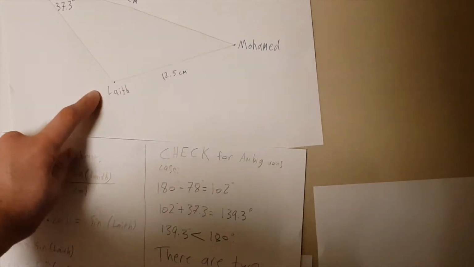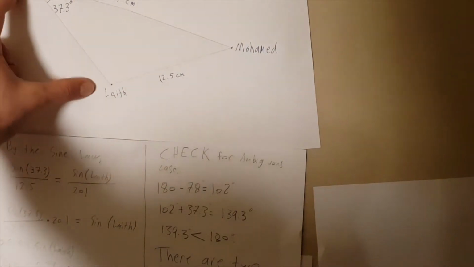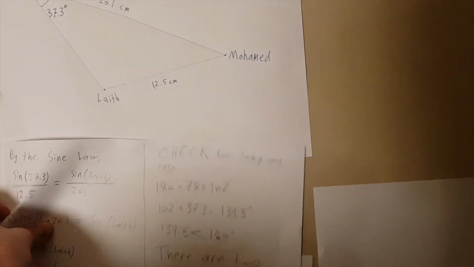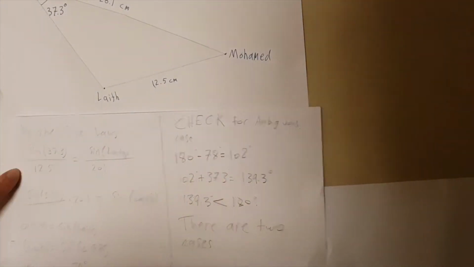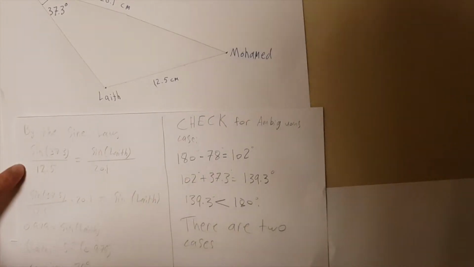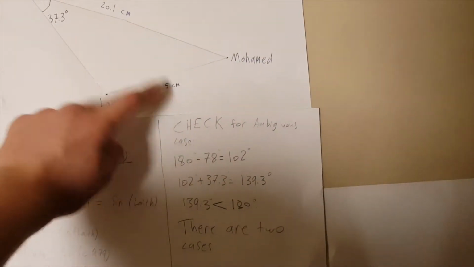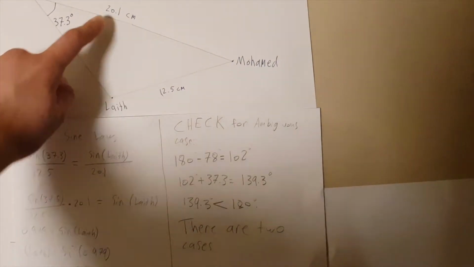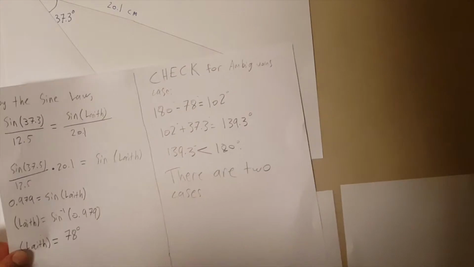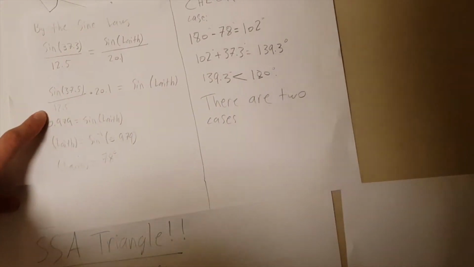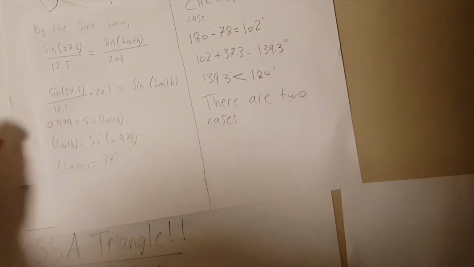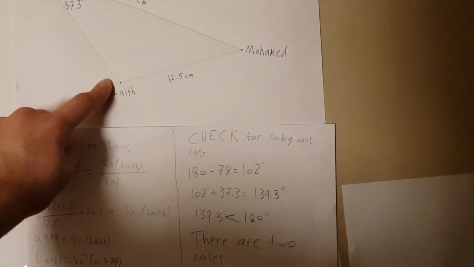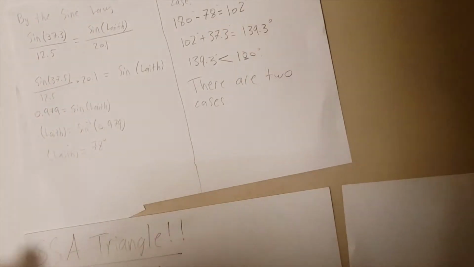To find the measure the question is asking for, we have to find this angle first. Now using the sine law, sine of 37.3 over 12.5, which is these two, is equal to sine of this angle over this measure. And as you can see, we do simple math and figure out that Laith's angle, which is this angle, is equal to 78.